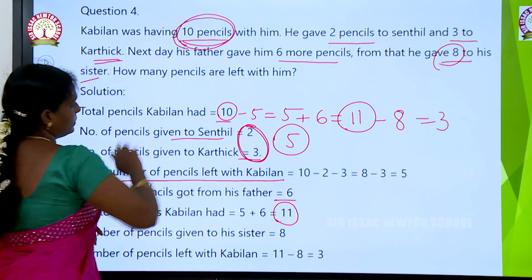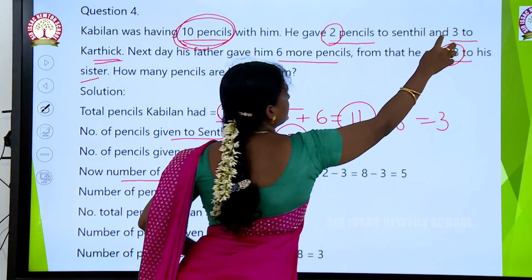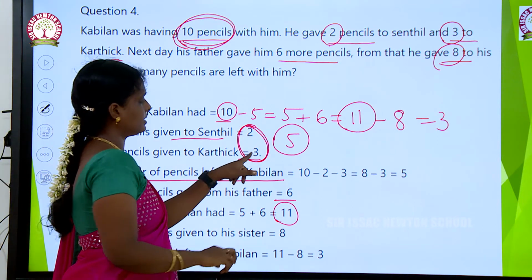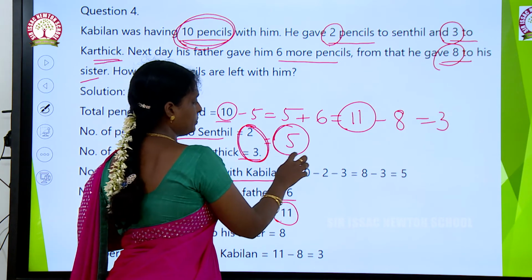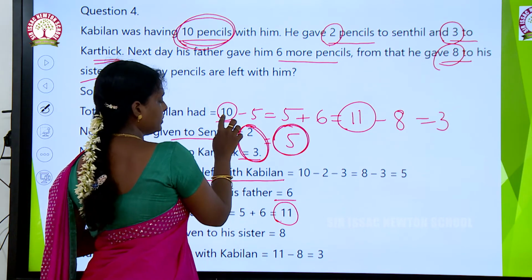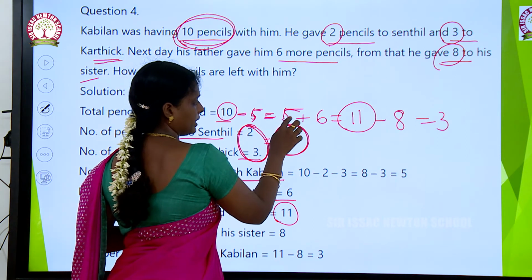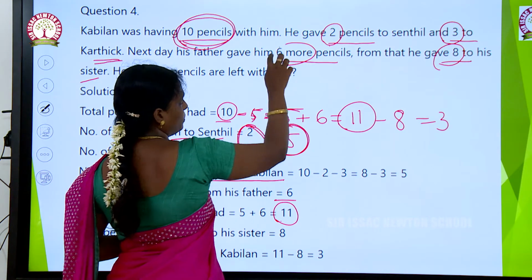See, he has 10 pencils and he has given 2 and 3 to his friends. So 2 plus 3 is equal to 5, right? Okay. Now he has given 5 pencils to his friends. So from 10 we are going to subtract this 5 so that we will get 5. Okay. Next day his father is giving 6 more pencils.